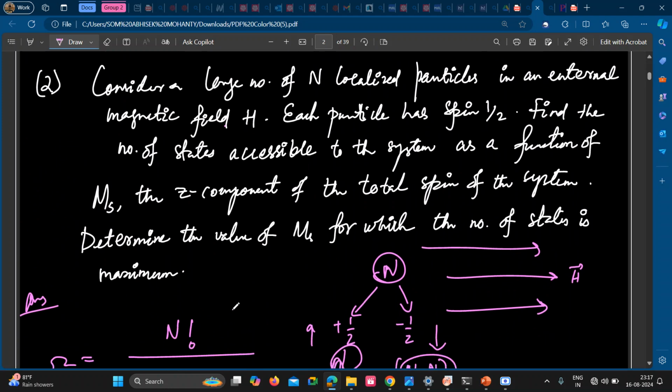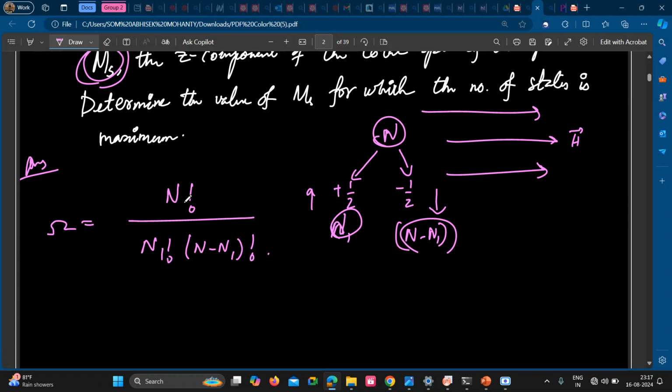How to do it? Find the number of states accessible to the system as a function of Ms. So we have to get the answer in terms of Ms. Your Ms has an expression: half times N up minus N down.